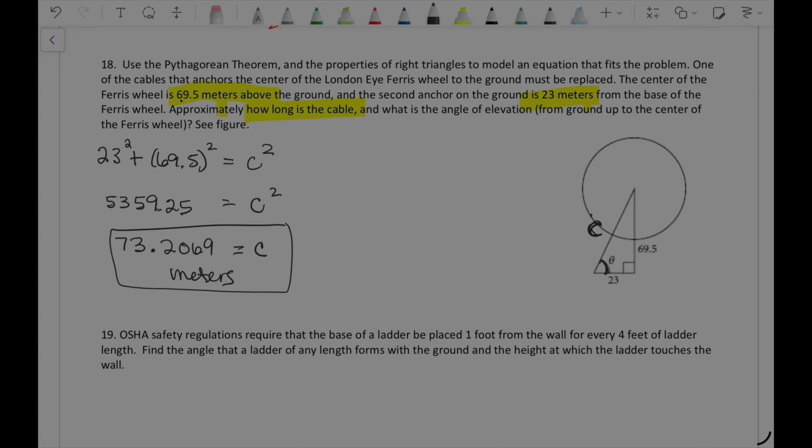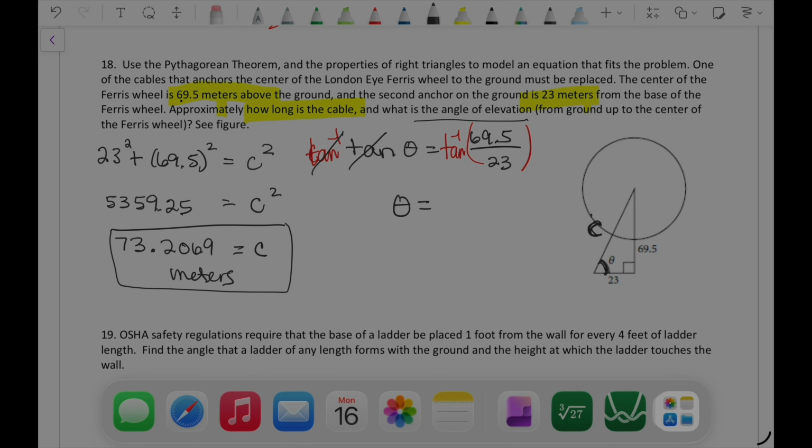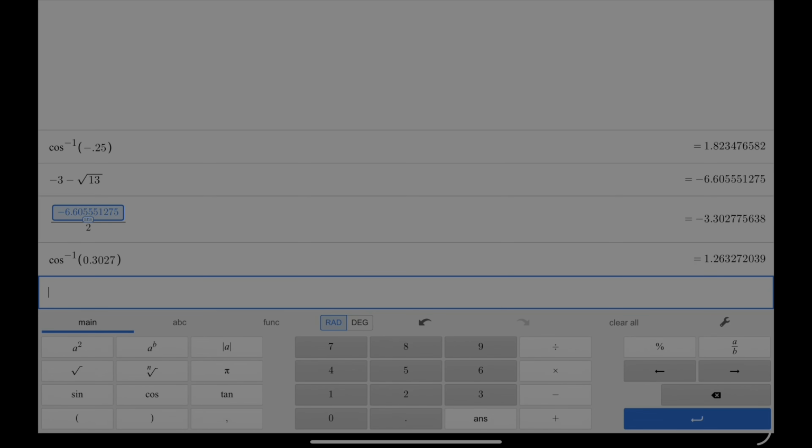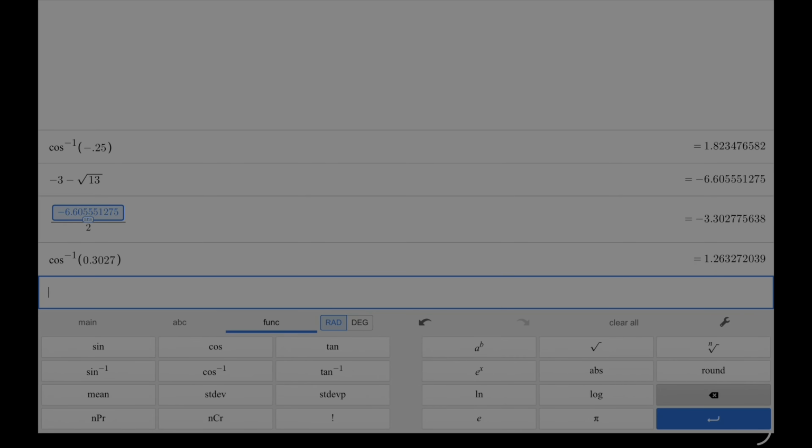Now to find theta. Angle. They don't say degrees or radians, so we could go either way. I can see that if I want, I could set up a tangent of theta is equal to opposite over adjacent. Okay. If I apply the inverse tangent on both sides, theta equals, and we grab our calculator. I'm in radian mode. Inverse tangent.